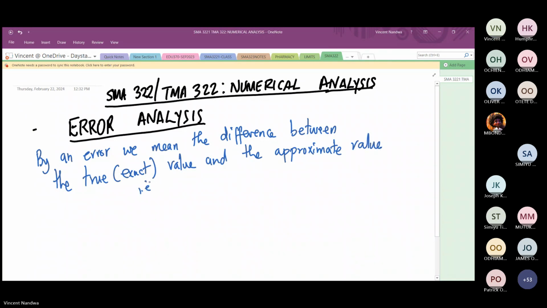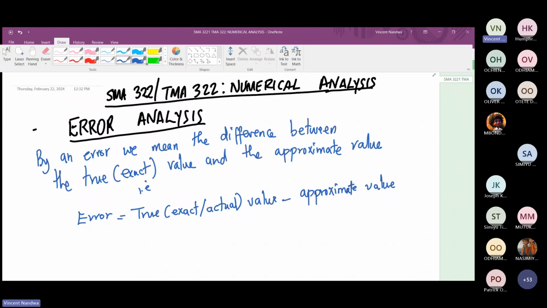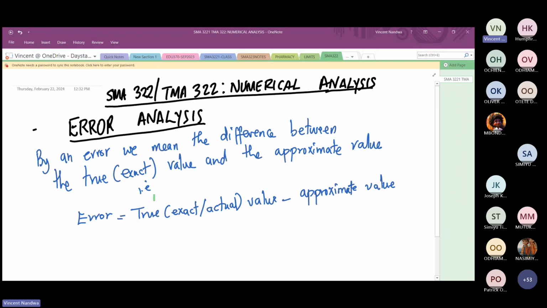So i.e. error is given by true or exact or actual value minus approximate value. So this is how we define error, the difference between the exact value and the approximate value.